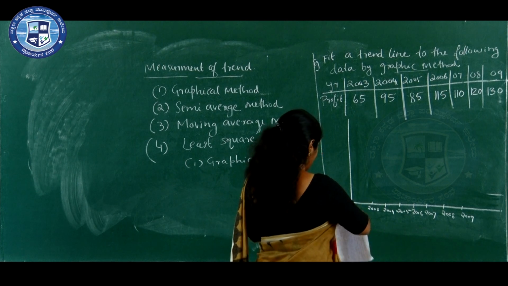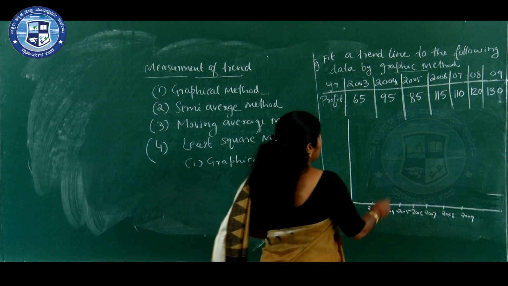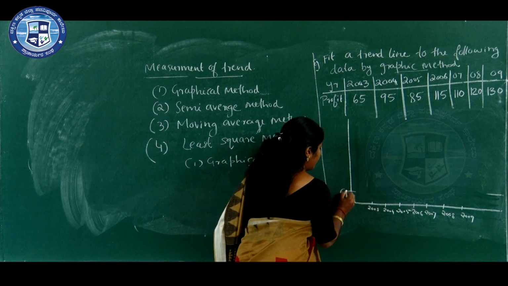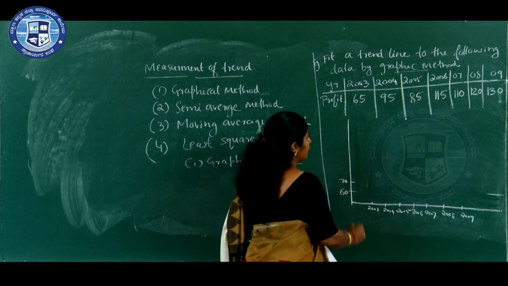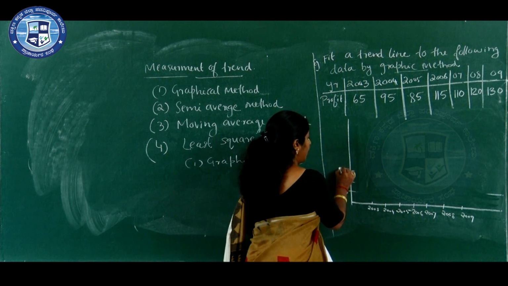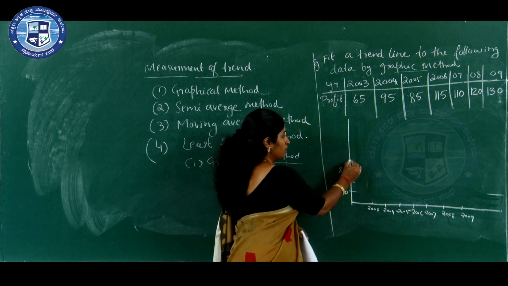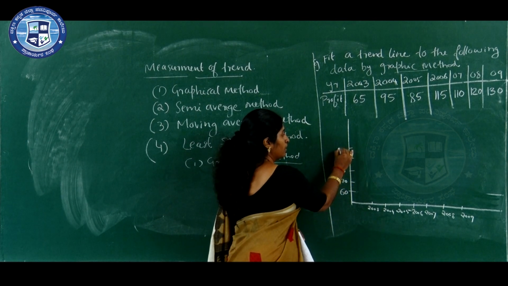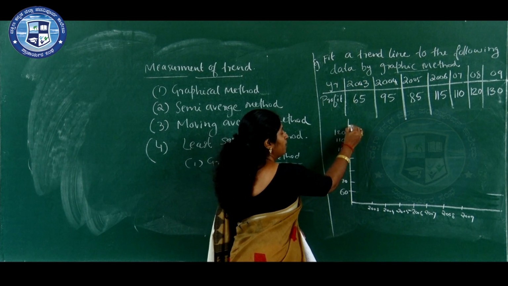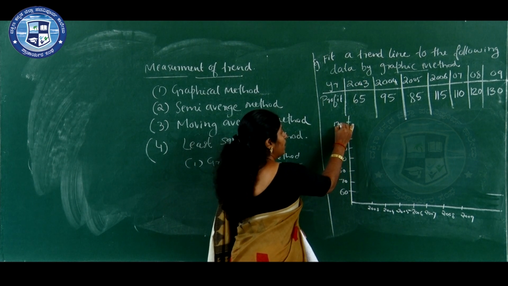And along the y-axis, the values are 60, 70, 80, 90, 100, 110, 120 and 130.